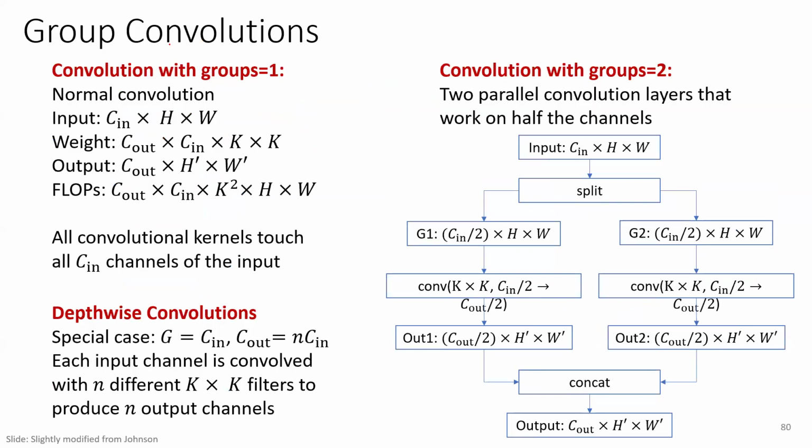So these are called group convolutions. Convolution with groups 1 is regular, and then convolution with groups 2, which I have shown here. So you can see the input number of channels C_in is there, and then this one happens with C_in divided by 2. This one also happens with input C_in divided by 2, and then you do the convolution, and then finally you concatenate. So this is groups equal to 2. Then we have depth-wise convolution, when the number of groups is equal to the number of channels.